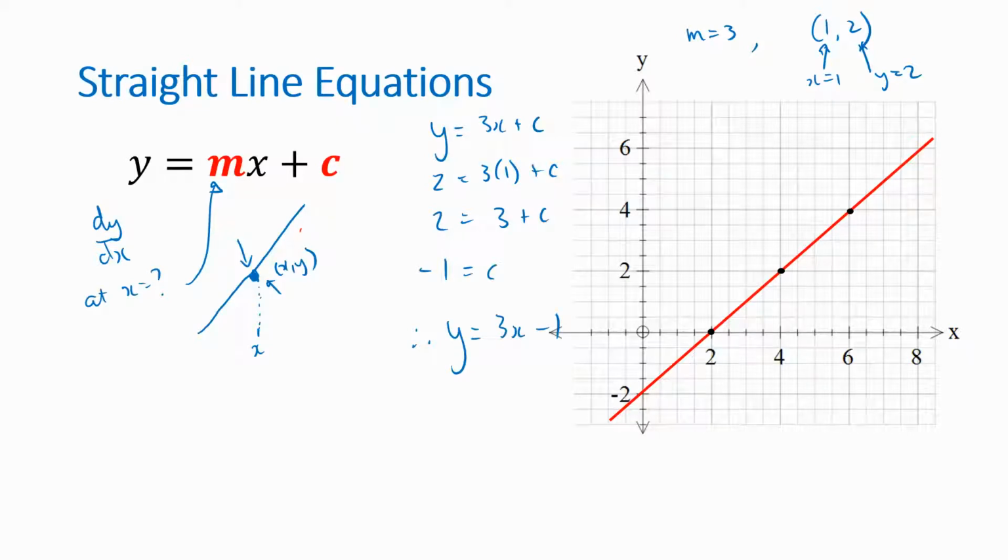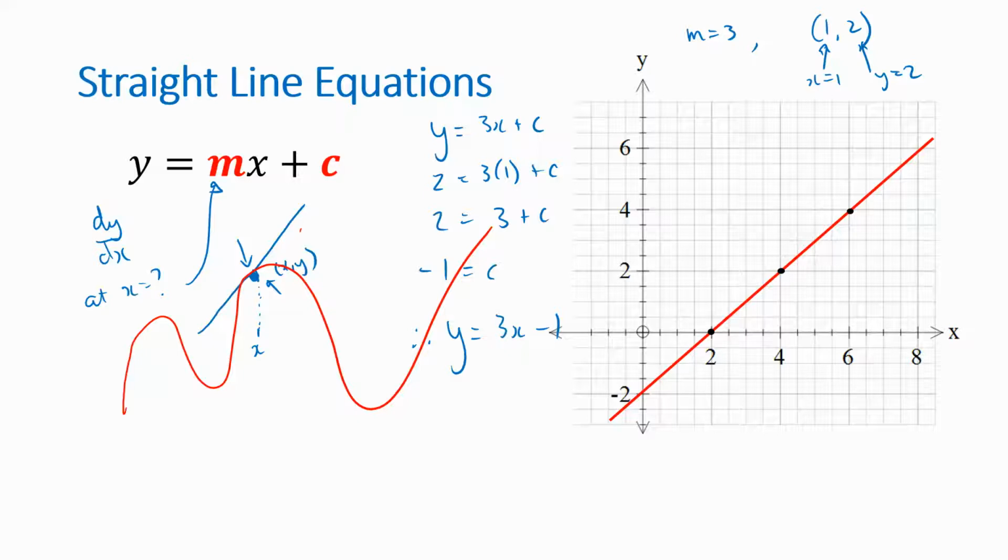So they gave you a gradient and a coordinate. The only difference in year 12 is they don't give you a gradient, they give you a function instead. They give you a function and a coordinate, and they say find the gradient or find the equation of the tangent line at this point. That's the same thing.